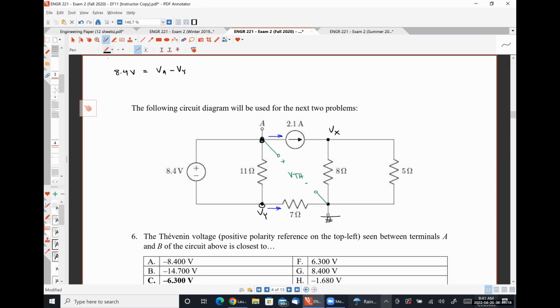This is going to look like 2.1 amps plus Vy over 7 ohms is equal to 0.